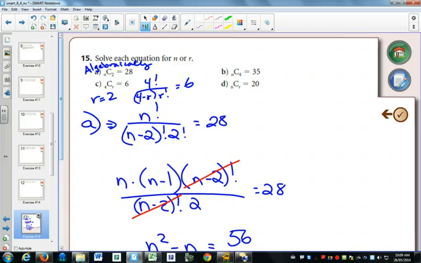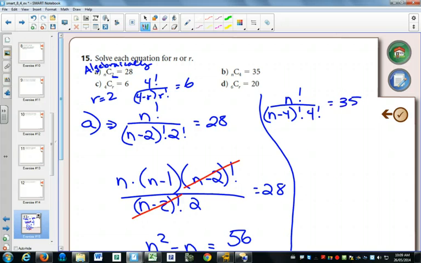I'm going to show you a method for B that would work, but guessing and checking is what would be expected for B. The only time they're going to give you one algebraically is if it's a 2, because it's nice numbers. Because look what happens in B. If I would do n factorial over n minus 4 factorial equals 35, and I expand the bigger one, which is n factorial, I'm going to get n times n minus 1 times n minus 2 times n minus 3 before I get n minus 4 to cancel out.